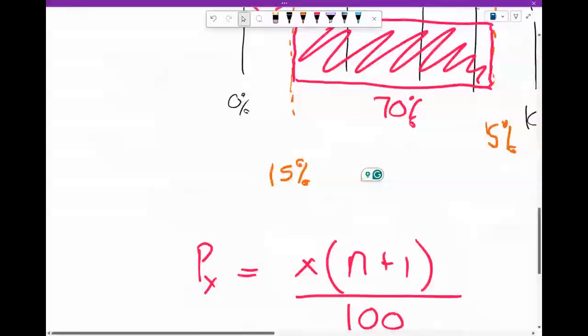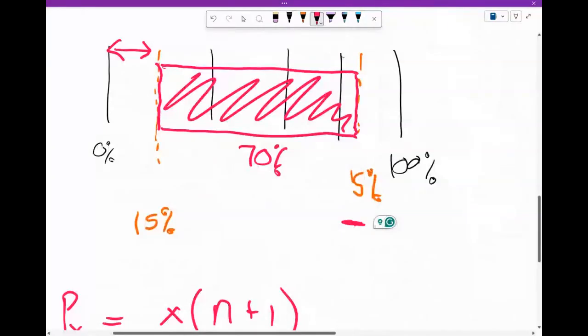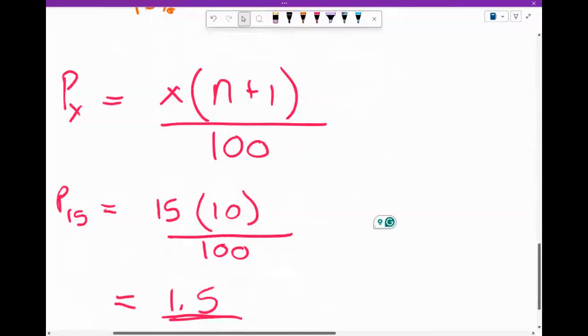Now, how are we going to get this one? That 15 over there, or should we say the percentile that will give us up until this 15? What would be the difference between 100 and that? It would be 85, okay? So the percentile we're looking for, do it in blue, is 85.